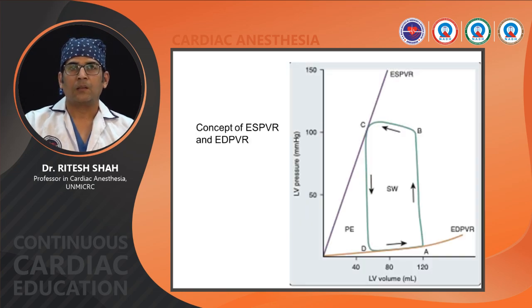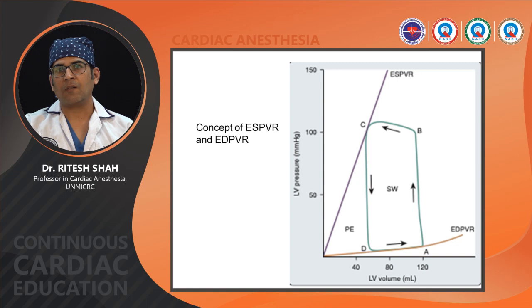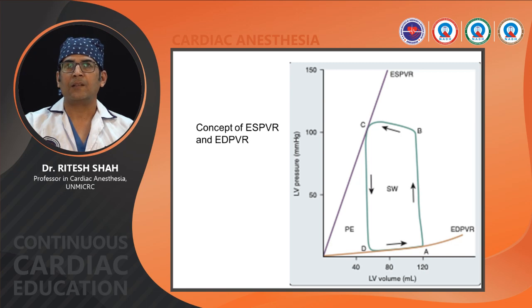The important concepts of the PV loop are the end diastolic pressure volume relationship and the end systolic pressure volume relationship. The end diastolic pressure volume relationship is a curvilinear curve, and the end systolic pressure volume relationship is a straight line. Usually all the pressure volume loops sit between these two lines.